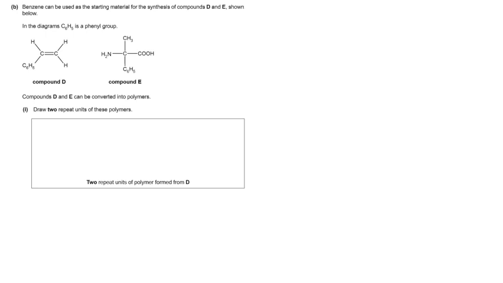Okay, in part B, we've got benzene being used as starting material for compounds D and E. Here we have D and E, and we've got diagrams of them. And all the question wants us to do is to draw 2 repeat units of polymers that are made out of these monomers. So looking at D, we've got a double bond there.